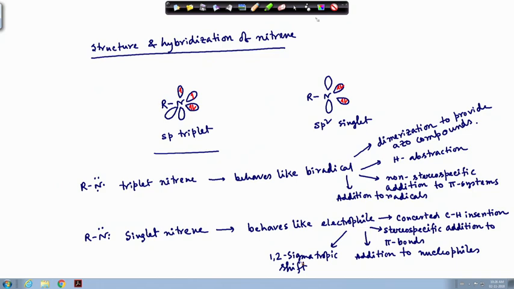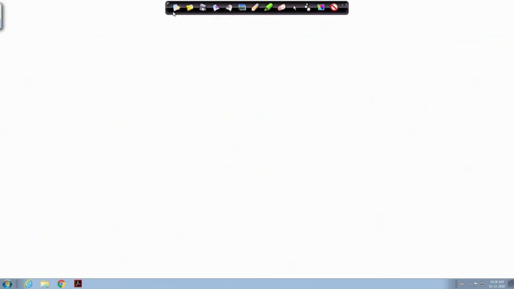This is important: the triplets give non-stereospecific additions, whereas singlets give stereospecific additions, similar to a carbene. Additionally, these triplet nitrenes can be understood through ESR spectroscopy. Okay. Now, next we will see how nitrene stability differs with the substitution on the nitrogen.